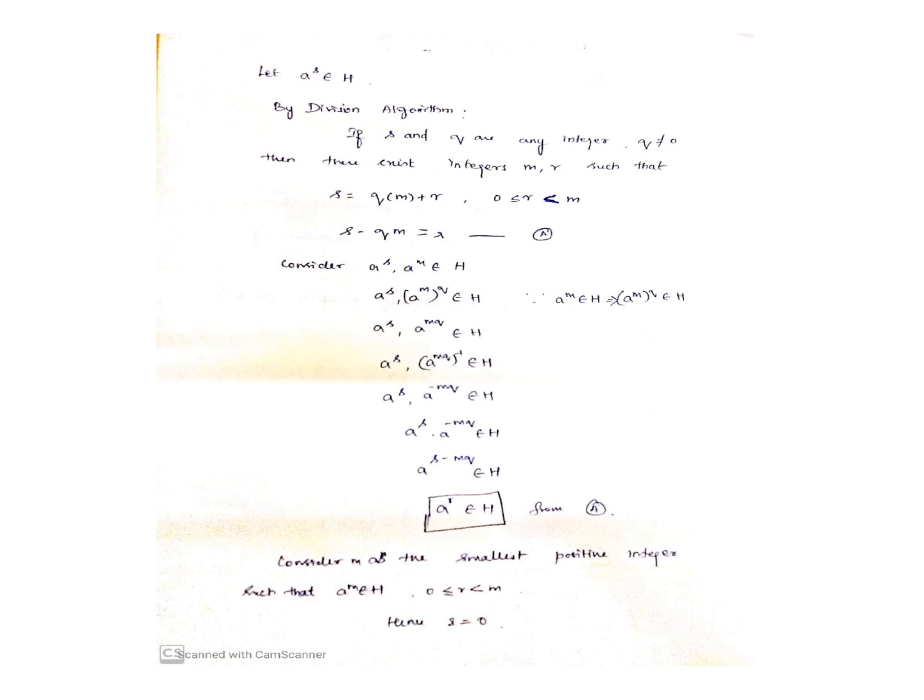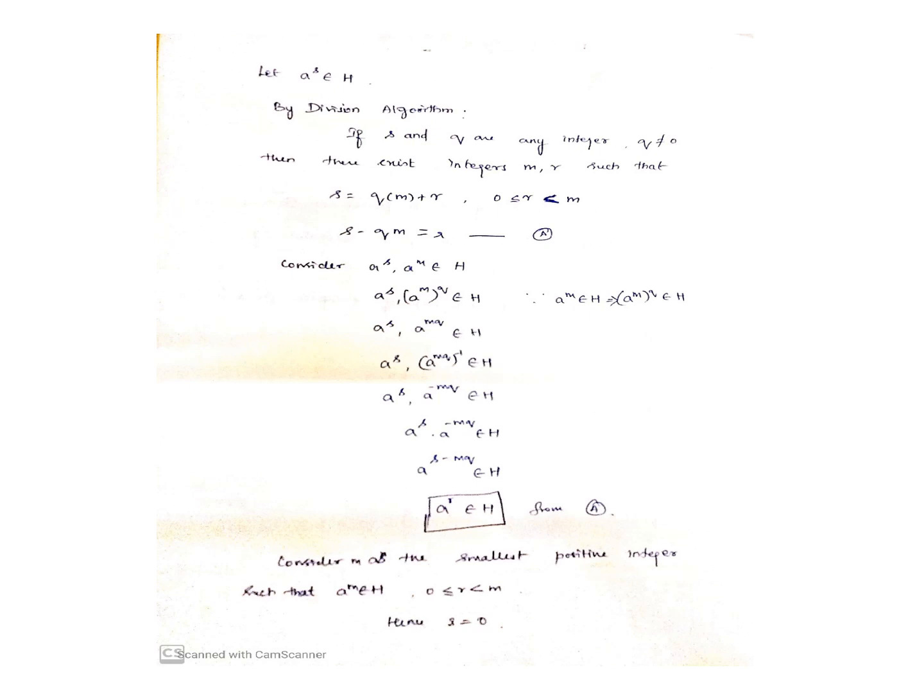integers q comma r such that s is equal to qm plus r, where 0 less than or equal to r less than m. Therefore, s minus qm is equal to r.